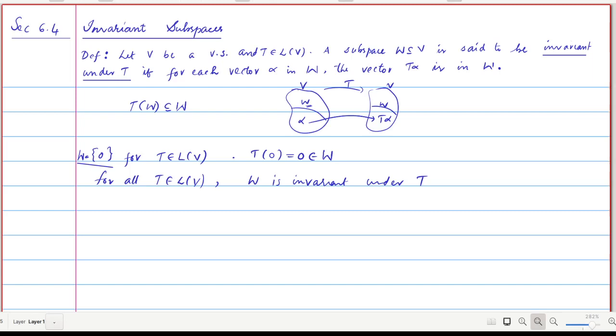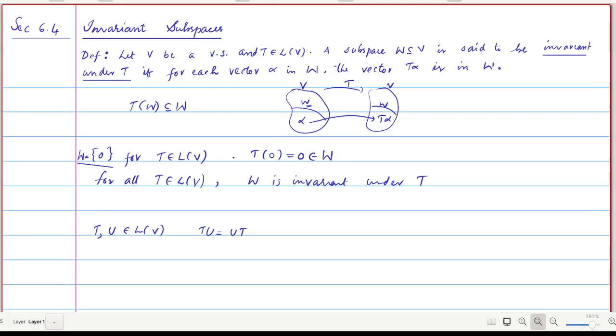Another interesting example of invariant subspaces: suppose we have two arbitrary linear transformations T and U belonging to L of V, and we assume TU is equal to UT, that means T and U commute.